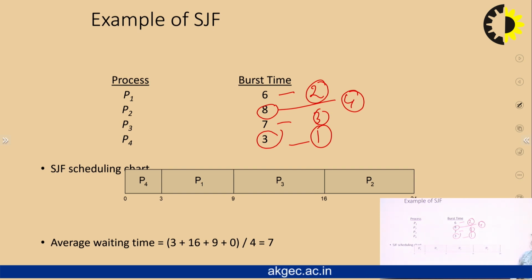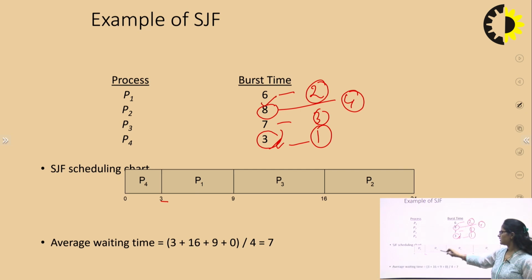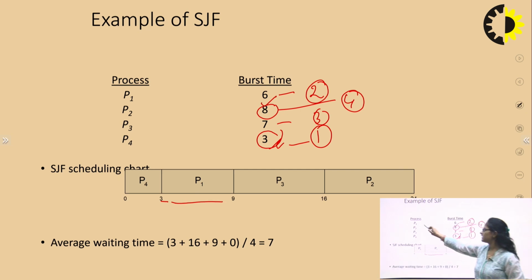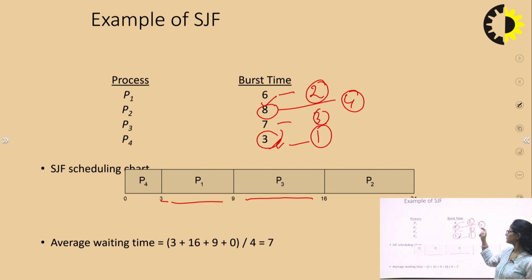So in shortest job first, P4 will work for 3 milliseconds, and then at 3 milliseconds the CPU will be given to P1 for 6 milliseconds. Third, P3 will get 7 milliseconds, and then fourth, P2 gets 8 milliseconds, 16 plus 8.